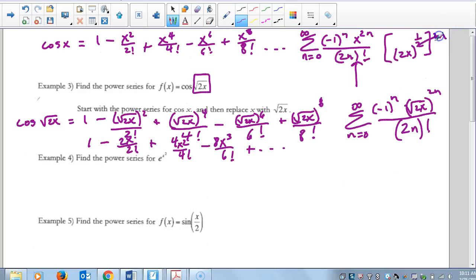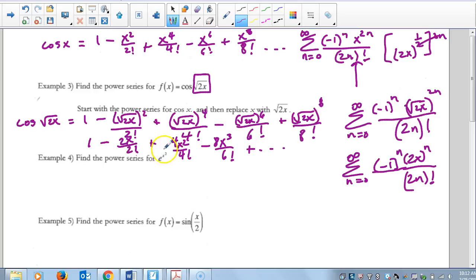It's going to cancel this, and I'm just going to get 2x to the n, the parentheses are important, over 2n factorial. Got to make it alternate. Stick that on the top, though it can just be out front. And I'm going from 0 to infinity. Done, done, done. All done.